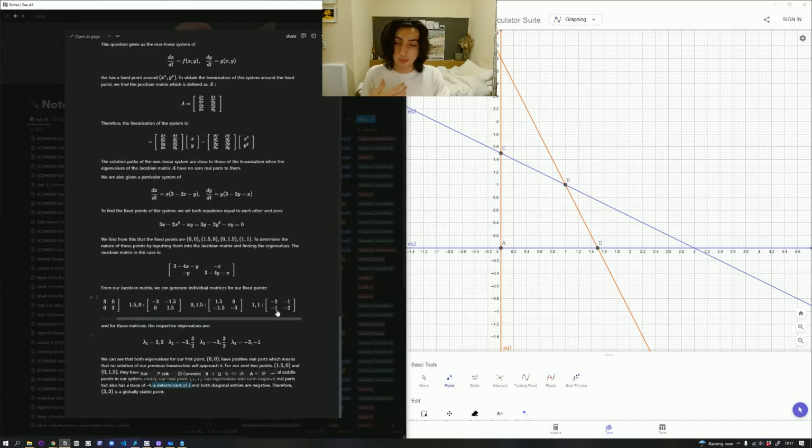So we have a determinant of 3, which fulfills the first requirement, and we also have both diagonal entries being negative. Okay, I said 3 here by mistake. So because all those conditions are fulfilled, we say it is a globally stable point. Not a locally stable point, but globally stable instead. So that's generally how you would do it.